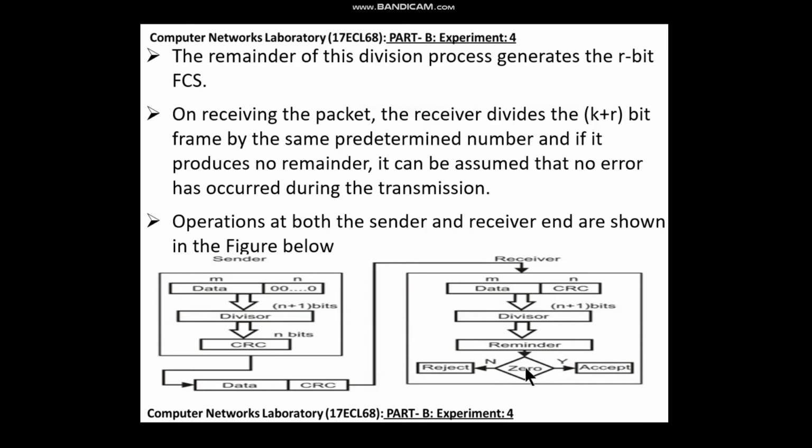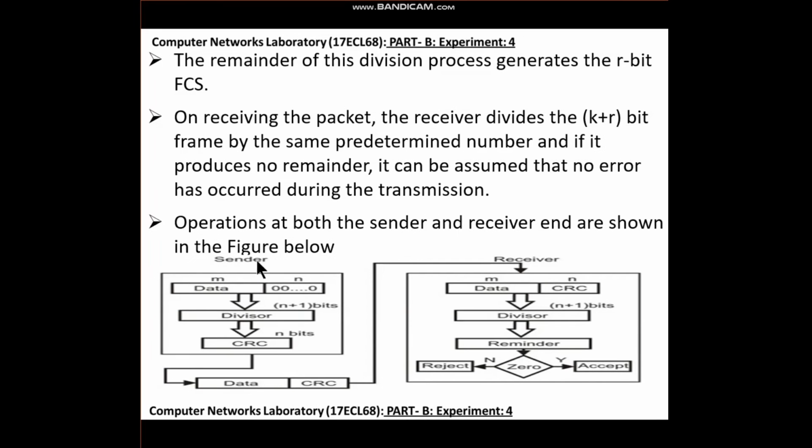If it is 0, there will be no error. If there is a remainder, then there will be an error and that message is rejected. The process of computation at sender side and receiver side will be clear when we take up one example. Right now we'll move to the next topic, to discuss some basic terminologies needed for understanding the example.